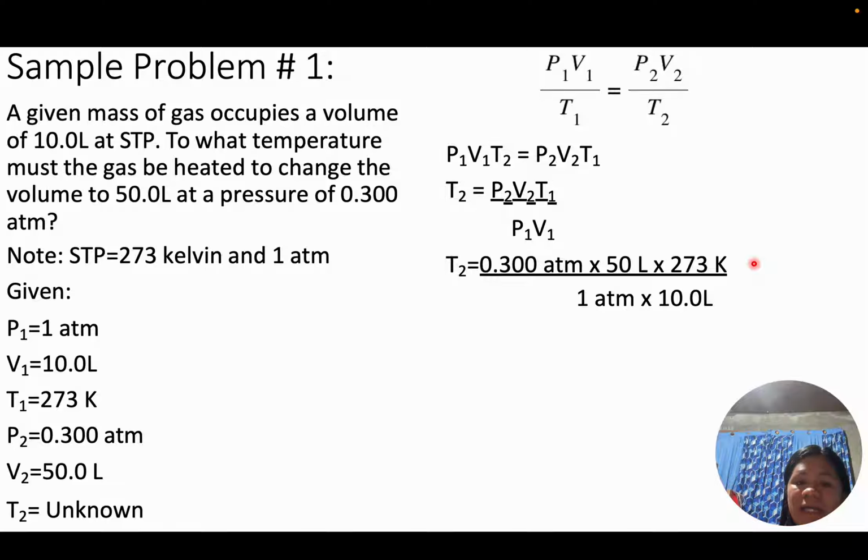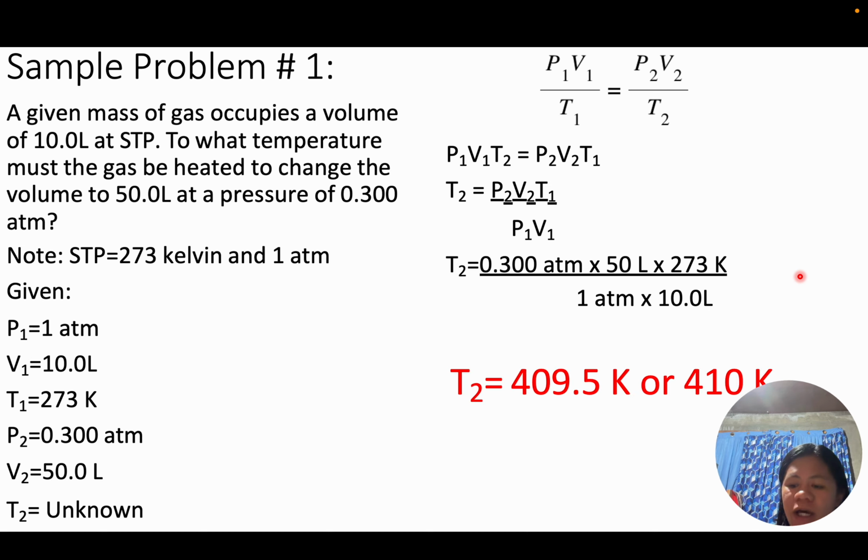Then we divide it by the denominator, which is 1 and 10. If you do that on your calculator, you will get 409.5 Kelvin. Since it is a 5, we can just round it off: 410 Kelvin. I hope that with just the first sample problem, you got how to do it.